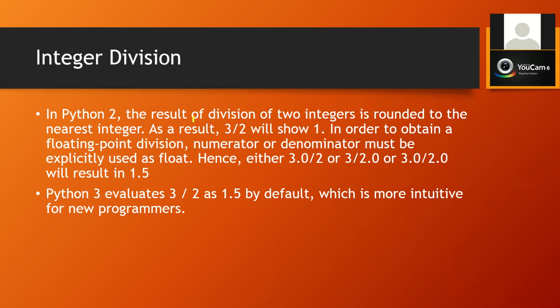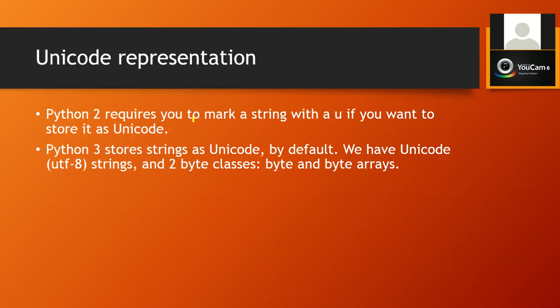Python 3 evaluates 3 by 2 as 1.5 by default, which is more intuitive for new programmers. Okay. Python 2 requires you to mark the string with a u if you want to store Unicode characters.